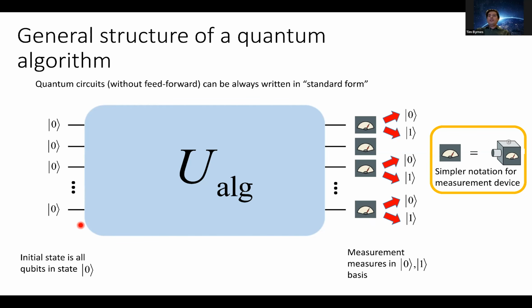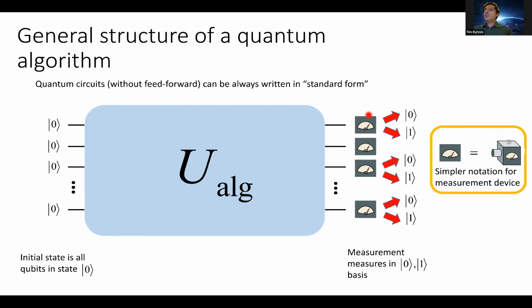And this part is basically the same, except that I didn't write it exactly like before. I just have this measurement device, with a simpler notation over here. This is the more common notation.